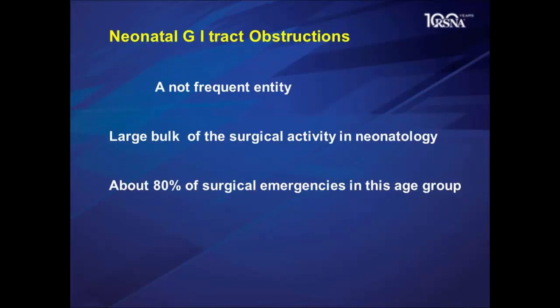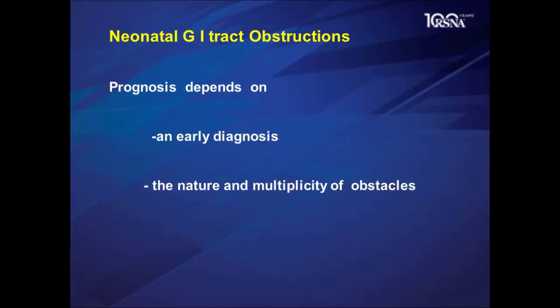This entity actually is not frequent, but an important one when it comes to diagnosis, because intestinal tract obstruction in the newborn constitutes a large bulk of the surgical activity in neonatology, and it is estimated that 80% of surgical emergencies in this age group are in the newborn.